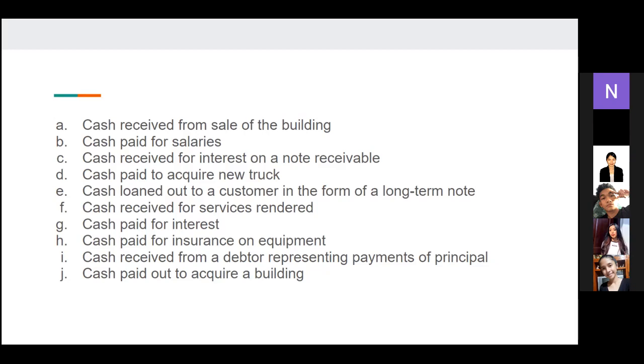Current or non-current? Non-current. Yung notes receivable is... Ay, current po siya. Yeah. Yun, current. Tama. So, kapag current assets, anong activity siya sa cash flow?